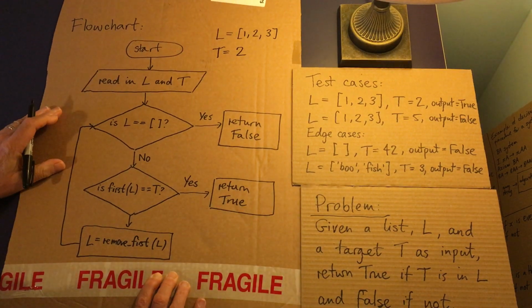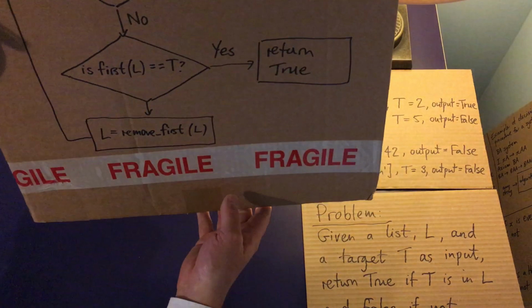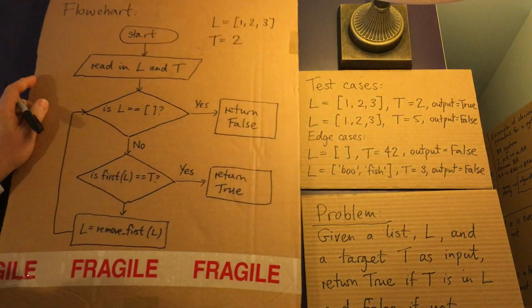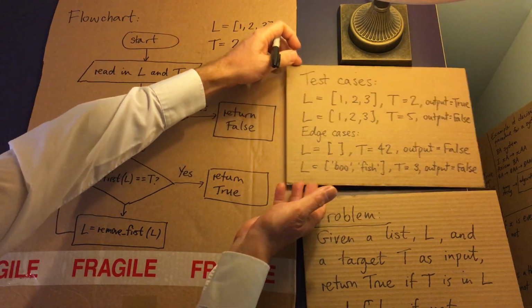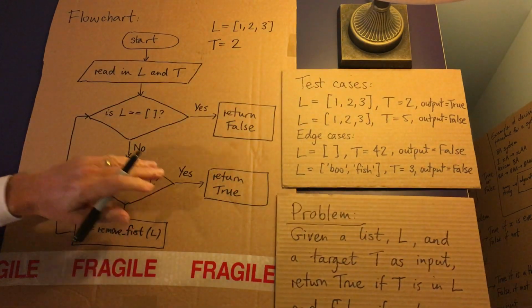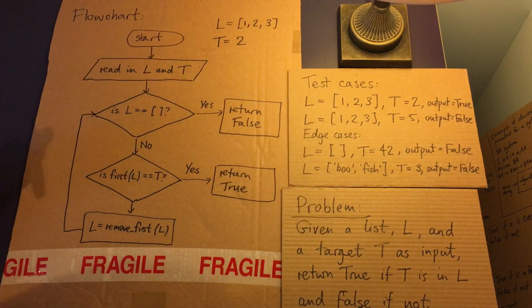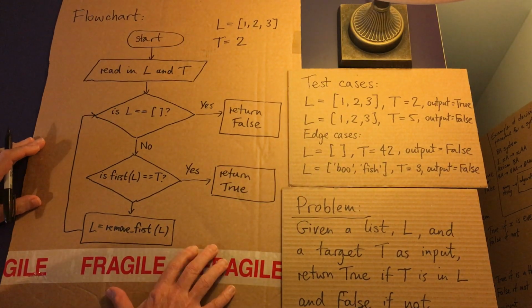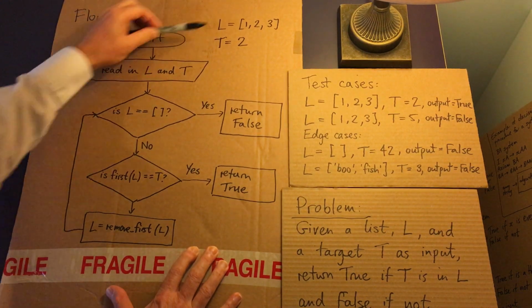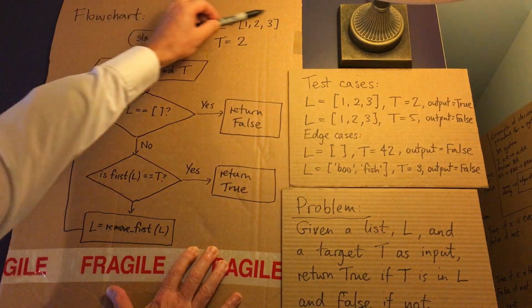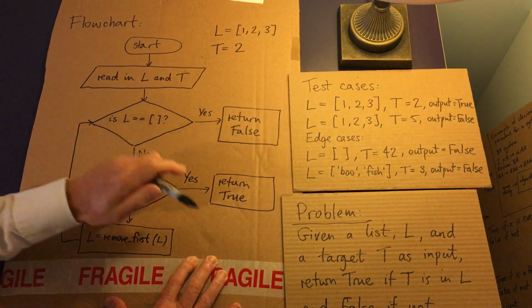So what I would now do is pass this entire piece of cardboard across to my human, my test subject, and I would say, please run this algorithm on this input and see what you get. I'll run it for you now. So we read in L and T, so we've done that. We've got those read into our computer, so our computer memory is here.